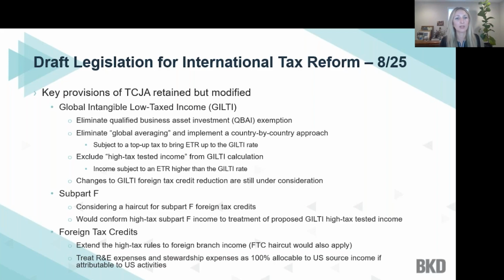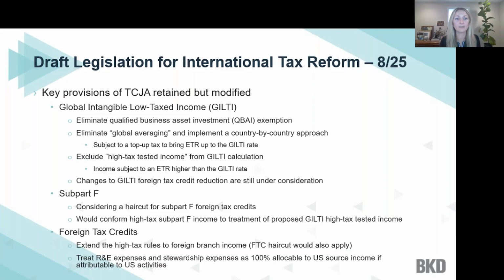And with Subpart F income, they're also considering a haircut for the foreign tax credits similar to GILTI. The amount of this haircut is still under consideration. They haven't said what the final rate would be, and they would also conform high tax Subpart F income to the treatment of the proposed GILTI high tax tested income.